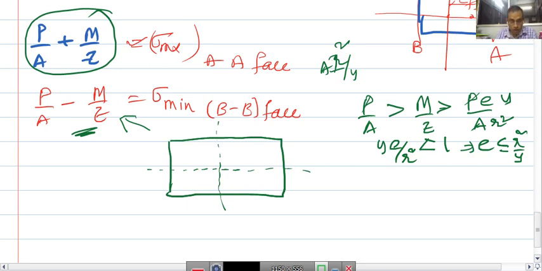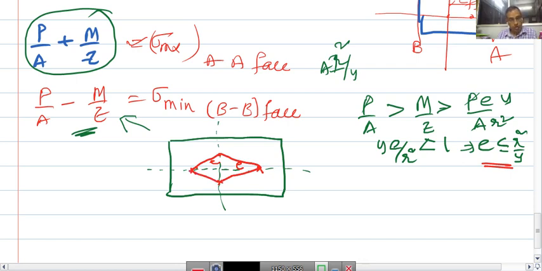So now the E that I am working out should be less than or equal to R square by Y, R square based on the radius of gyration of the column in that direction. So this will be maybe E, and this direction will be another E, any direction, whatever direction the radius of gyration, that direction will be my eccentricity. So if you plot the points, I will see something like this.